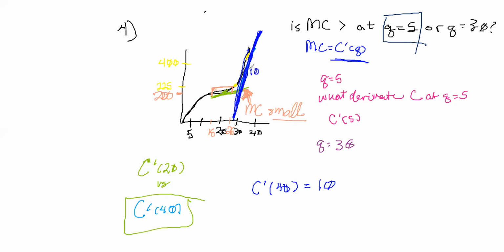And so if you were making things, it would be $10 per item. You would move over 1 on the X and up 10 on the Y. So for every item, it costs $10. And so that is marginal cost. Okay. If there are no more questions about this, we're going to do problem 6.